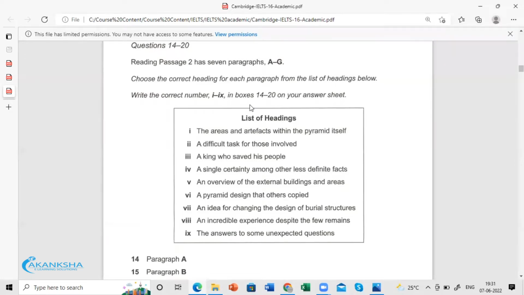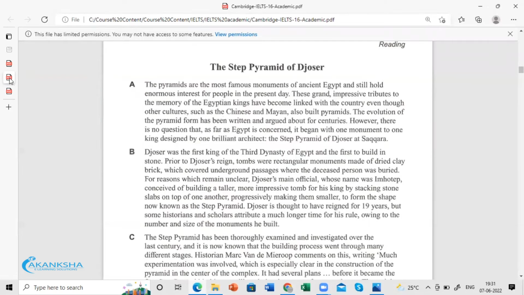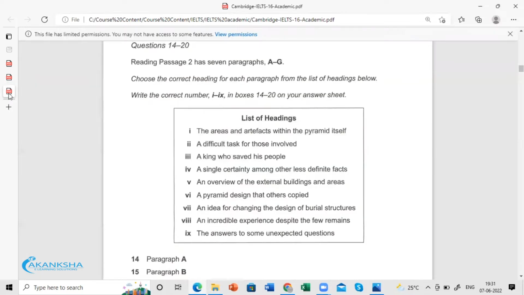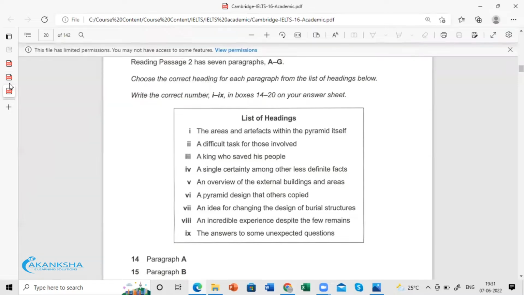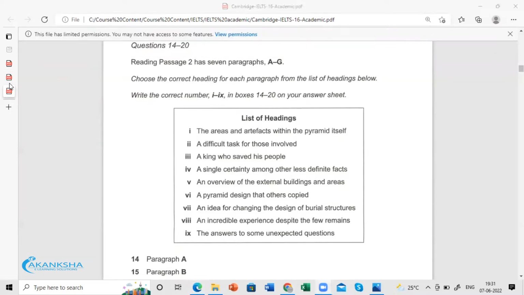Okay, right. Now let's see this. So here is the passage. Here are the questions. Once we read this paragraph, what we have to do is scan for these headings one by one, and we'll see which one matches with paragraph A. Reading the paragraph multiple times would take more time.